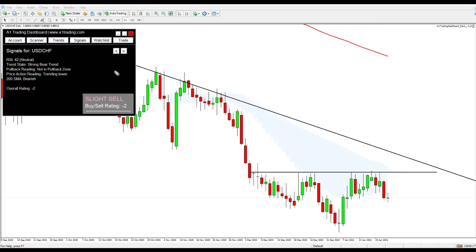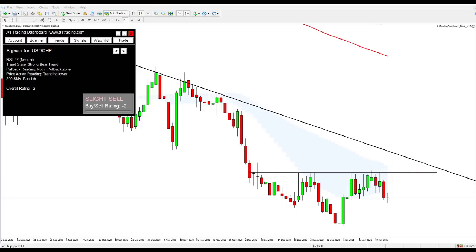And I actually agree with the way this tool has printed this, because I'm not interested so much in selling right here. I know this is hindsight speaking, but I would have loved to be selling up in this area at resistance in the pullback zone. And if it repeats, if it tries to tag one more time, maybe there is a sell setup.